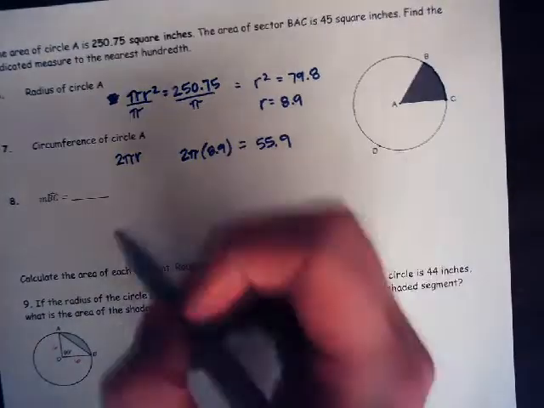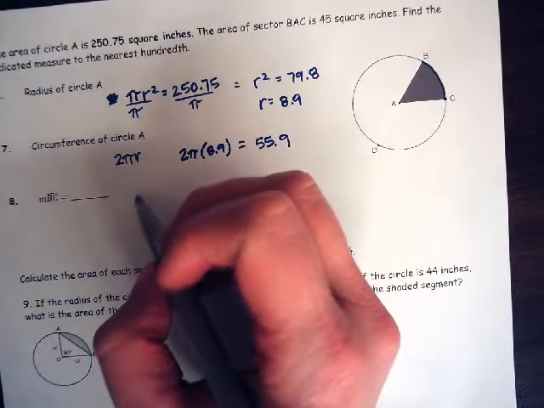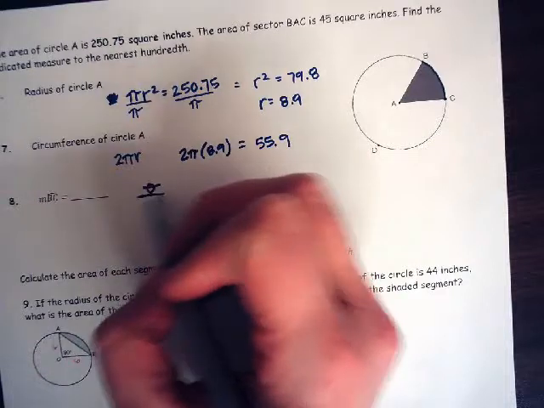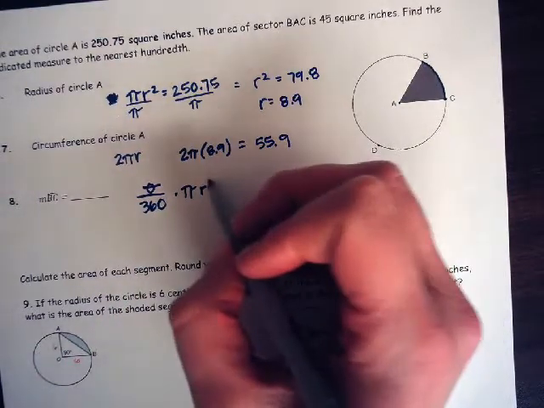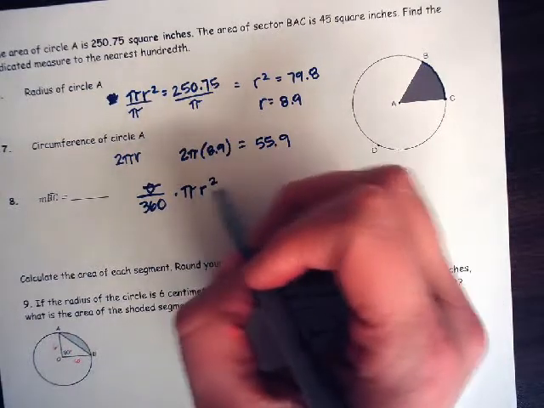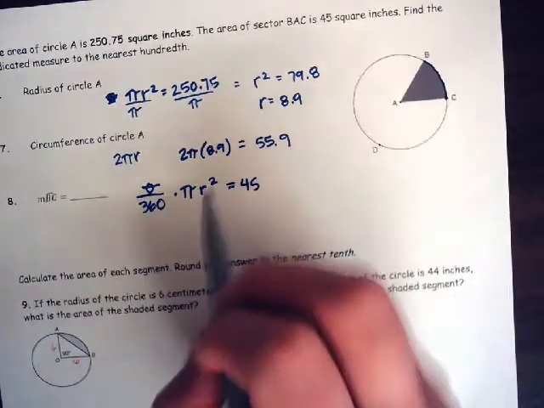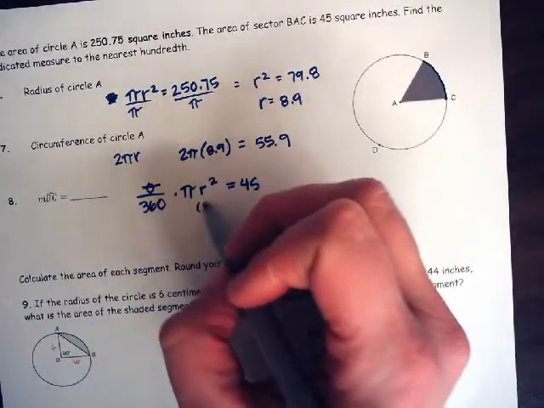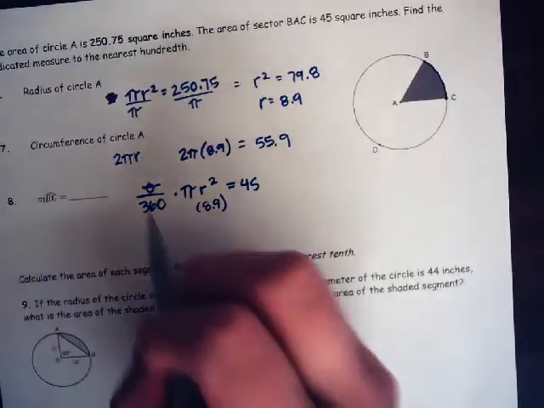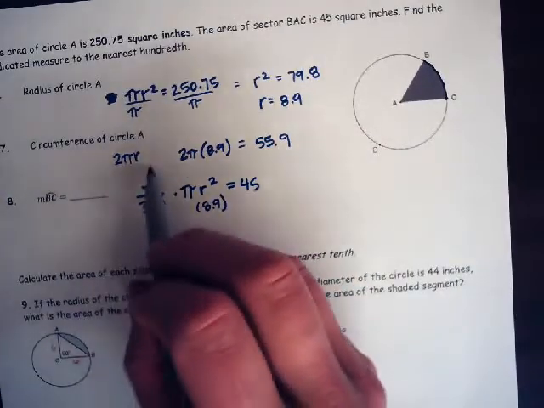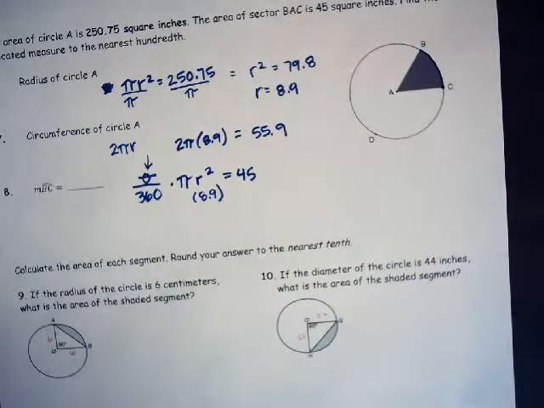On this one, I'm going to use my formula for the area of a sector, and that is going to be the angle measure over 360 times pi r squared. Now I know r, so I should substitute it in right now. And that's going to equal 45 square inches. So if I substitute 8.9 in for r, then I can solve this problem, trying to get that theta isolated.